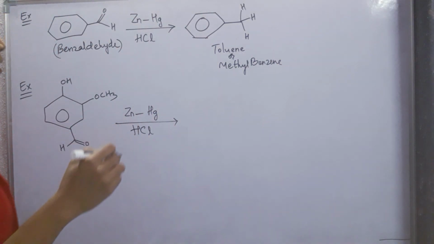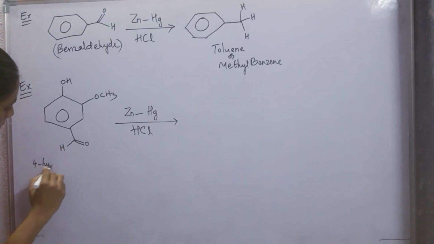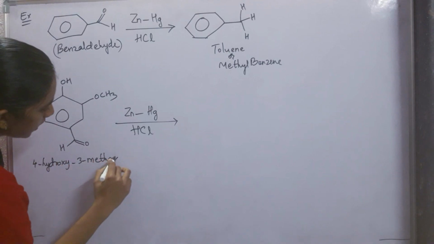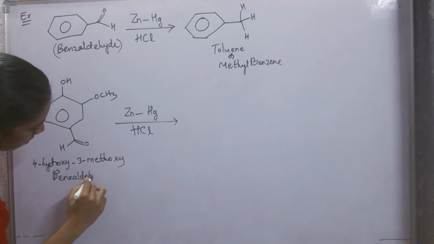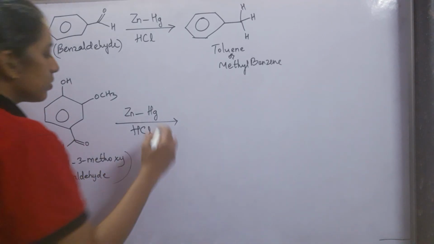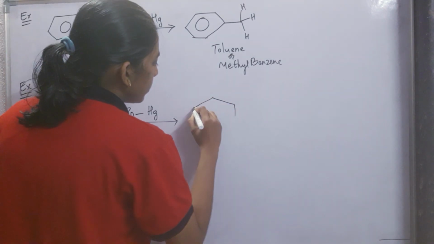Now this is the second example. Its name is 4-hydroxy 3-methoxybenzaldehyde. Even here we will be seeing Clemmensen reduction. So what will happen here? This carbonyl group will be reduced to alkane.